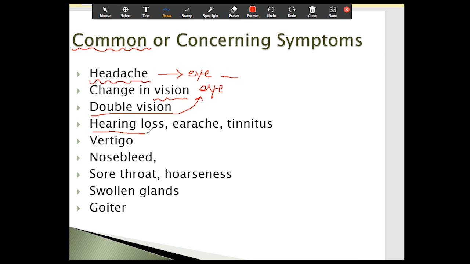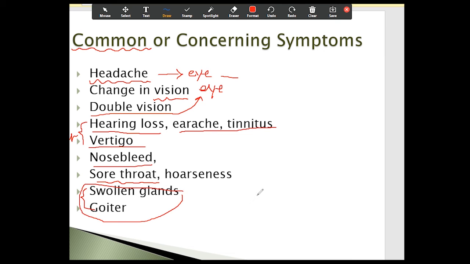Hearing loss, tinnitus, earache, even vertigo are mainly related to ear problems, and then we check the ear. Nose bleeding is a nose problem. Sore throat is a mouth and throat problem. And the neck is basically throat problems.